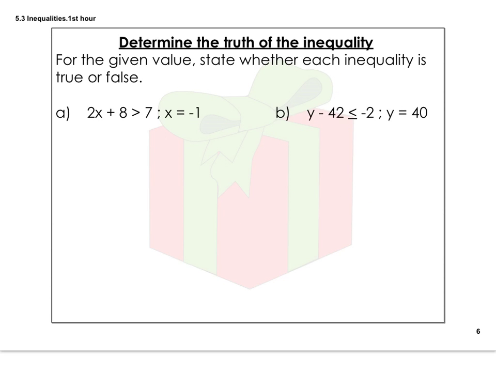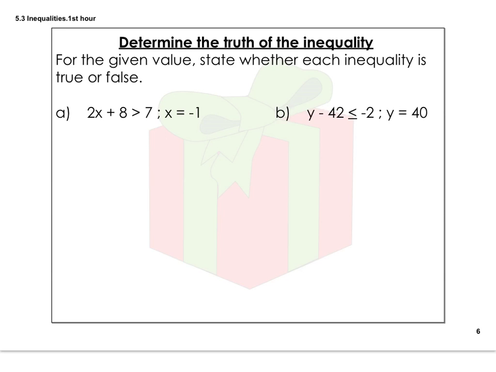So here's where we left off on Friday. We want to determine whether an inequality is true or not. So what we're going to be doing is plugging in an x value, or in example B, the y value, into the inequality and determining, is that true or is that false. Again, this is stuff that's getting you ready for stuff that you'll be doing as an 8th grader.